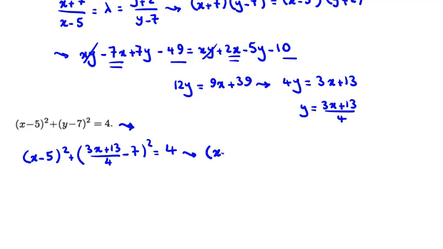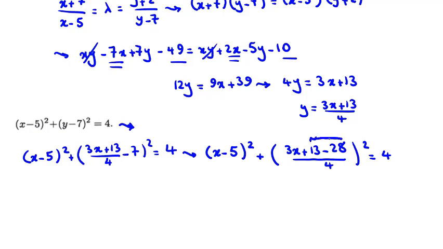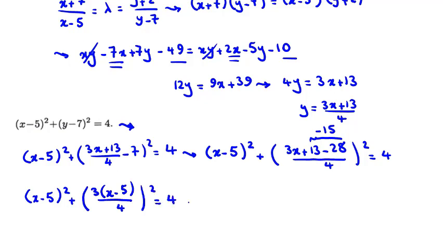So here, I say x minus 5 squared plus, if I factor, it will be 3x plus 13 minus 28, 4 times 7, 28, over 4 squared is equal to 4. 13 minus 28 is negative 15. You can factor out 3 here. So it will be x minus 5 squared plus 3 times x minus 5, all over 4 squared, equal to 4.